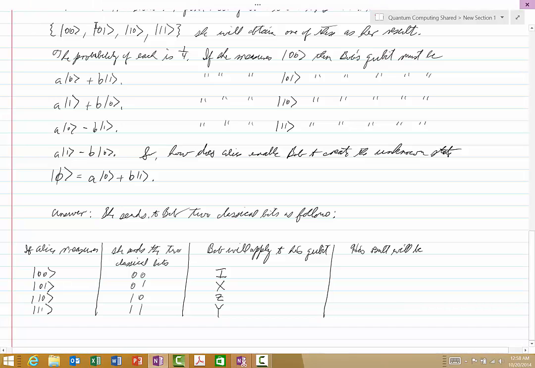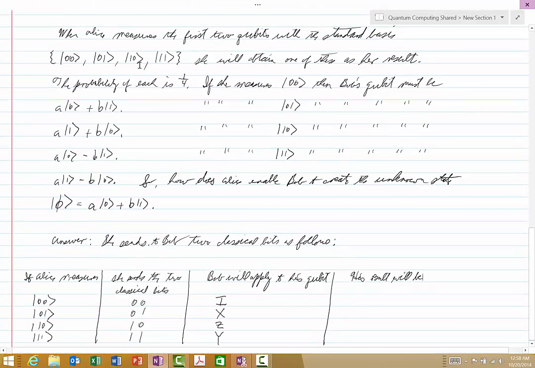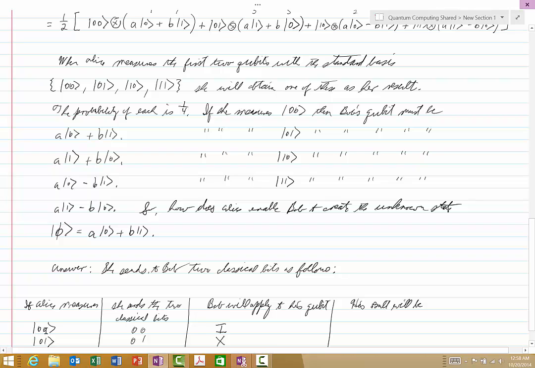So let's look above and we can finish up this problem. If Alice measures 0,0, that means that Bob's state was A0 plus B1. If he applies the identity transformation to A0 plus B1, he will get A0 plus B1.